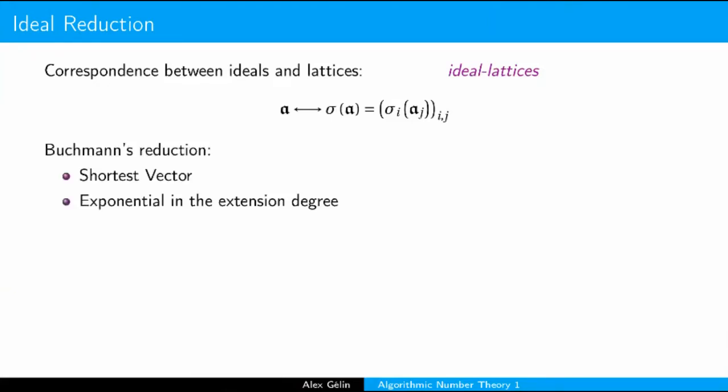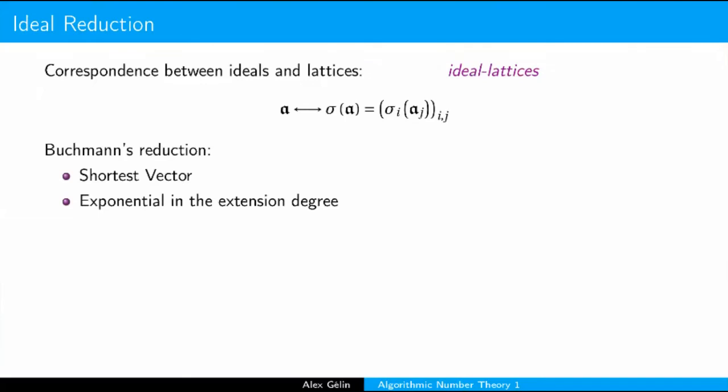I don't want to go through the details, but the first algorithm by Bowman was to find the shortest vector. This is something that can be done. It costs a lot, but the result is, of course, as short as possible because we get the shortest vector. So the ideal we get in the end, the ideal B, the reduced one, is very small.